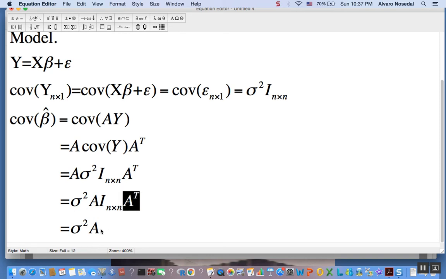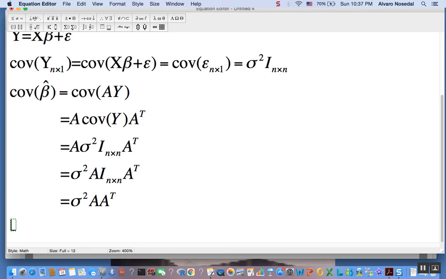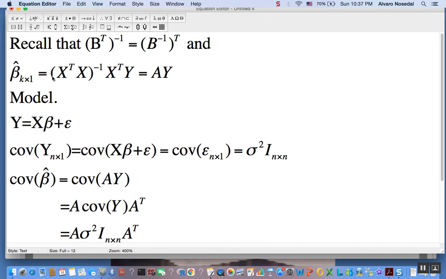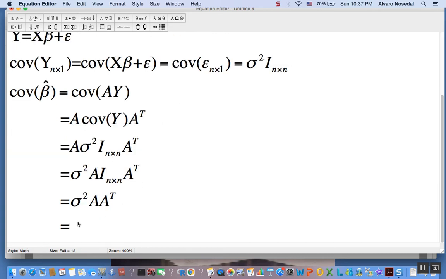And then we're almost there. Now remember how we defined A? A was this, right? So let's plug in what A represents. So we have A here, we have sigma squared.